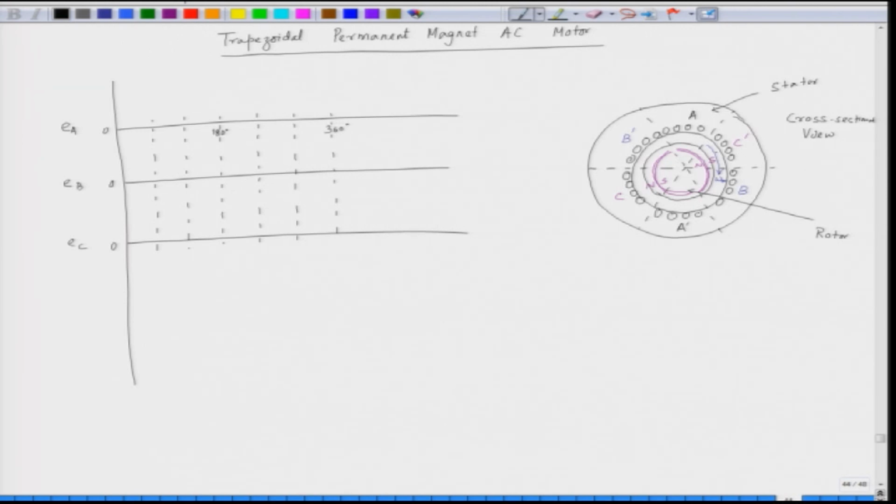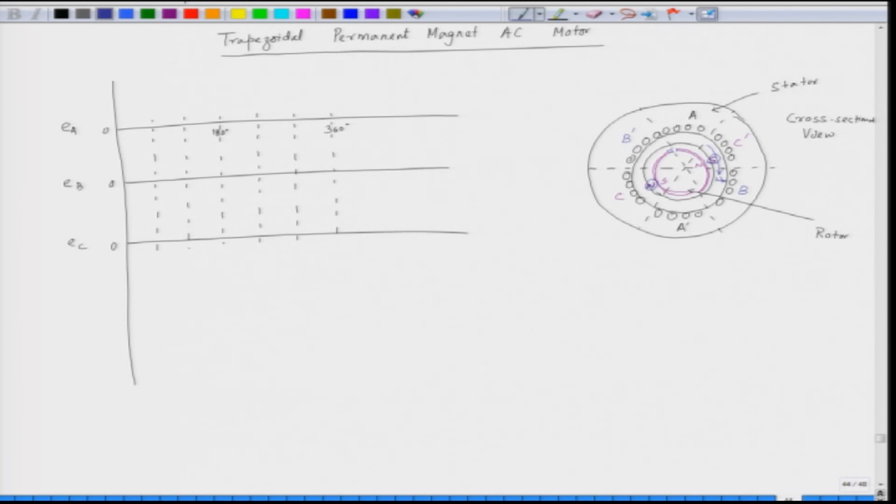So, what we see here, when it is rotating in the clockwise direction, we have the north pole which is here, and we have a south pole which is here. So, the north pole is entering under phase A. This is the beginning of the north pole, entering under phase A. So, the phase A induced EMF will gradually increase.